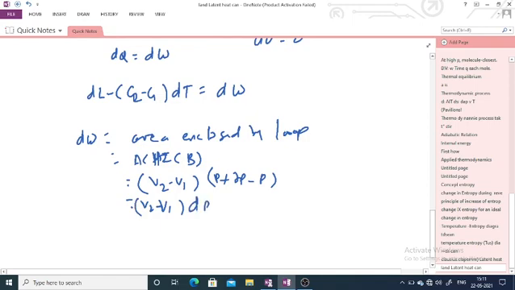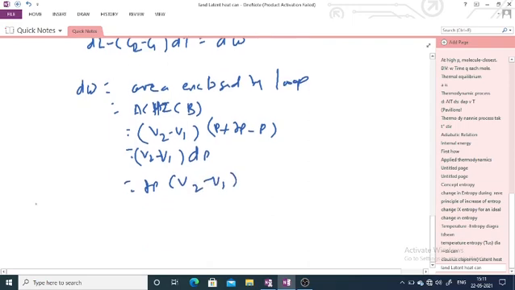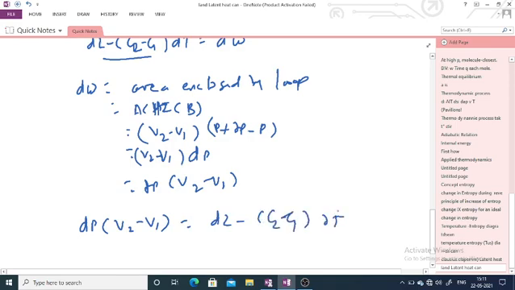Recalling the last article's equation, we get dP into (V2 minus V1) is equal to dL minus (C2 minus C1) into dT.